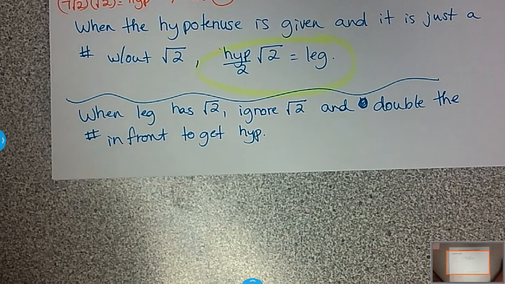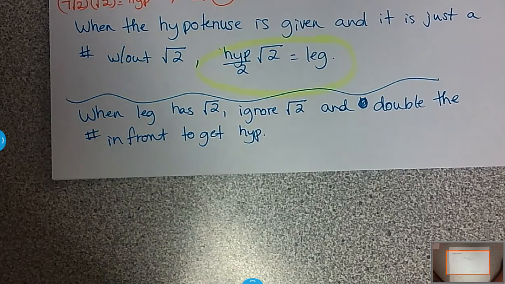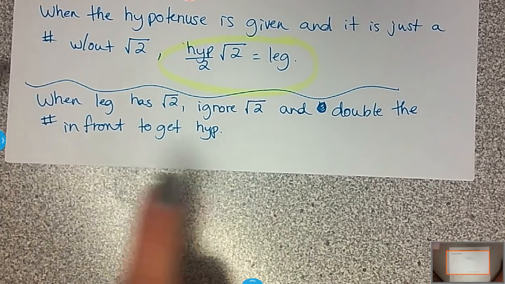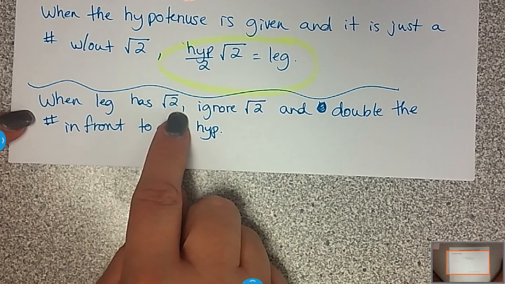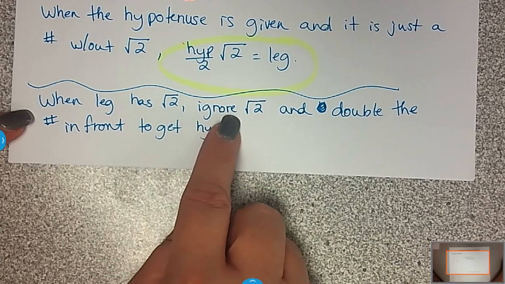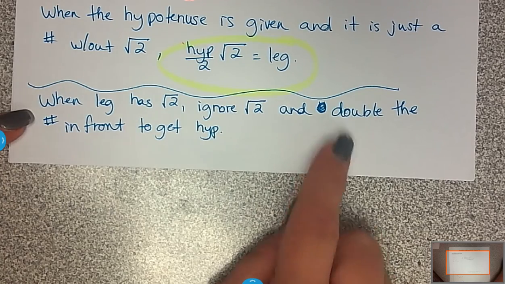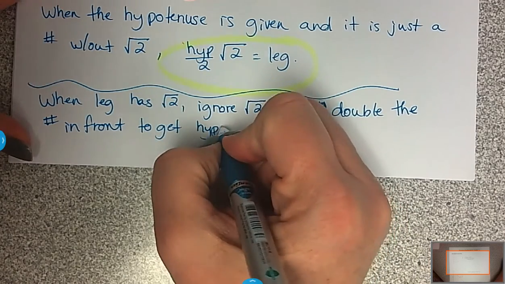Okay. All right, let me pause this just a second. All right, guys, we are back. So let me just sum this up again. When the leg has a square root of 2, you're going to ignore the square root of 2 and double the number in front to get the hypotenuse.